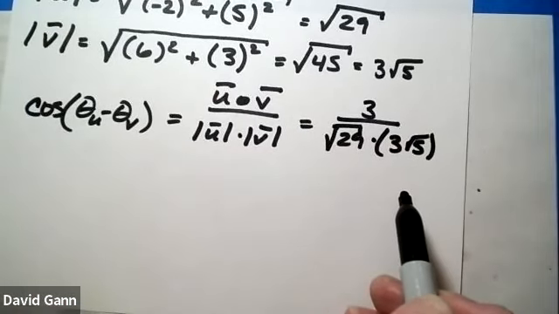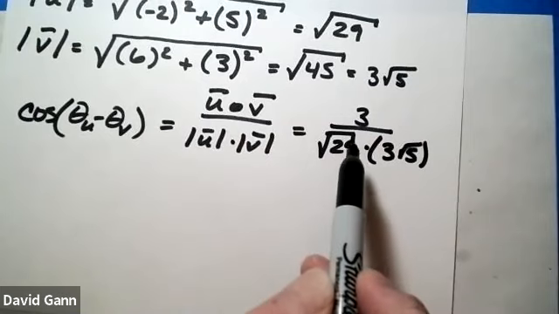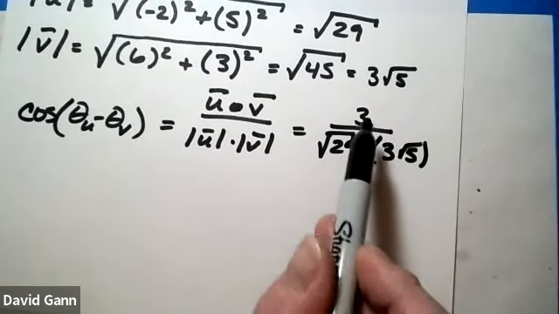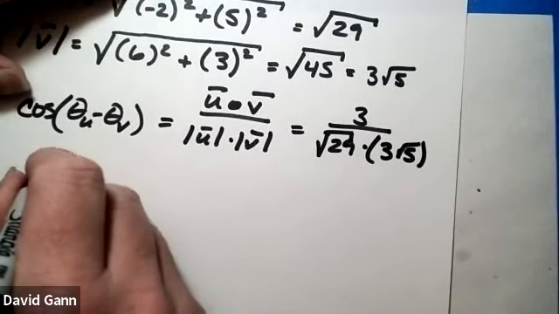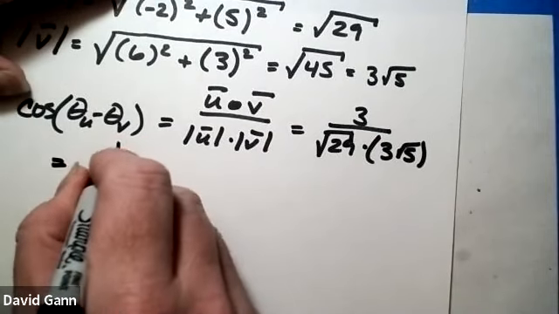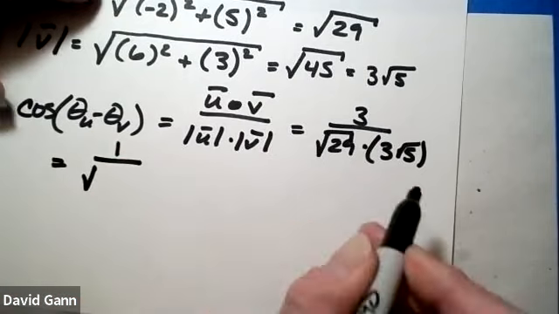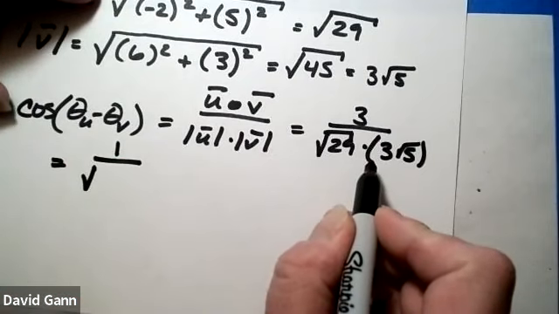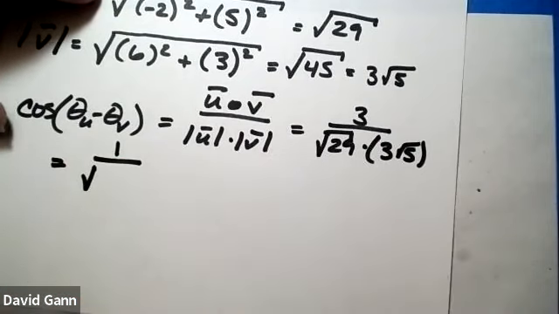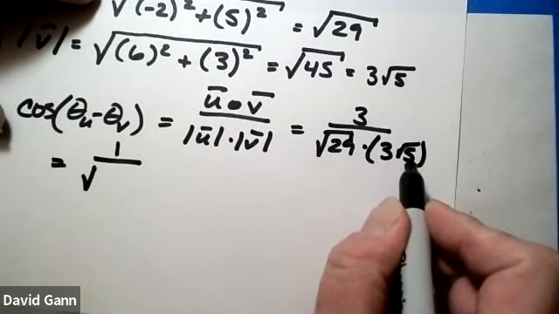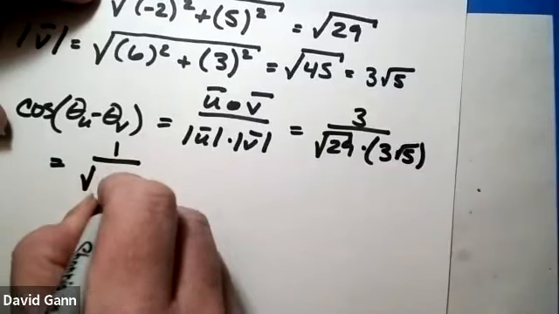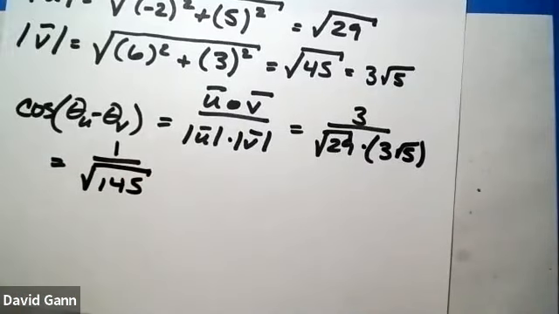And the hope is that this is in the range, and of course it should be because we have a 3 over 3 here. So I'm ending up with simply 1 over the square root of, well, 5 times 29, that's 145, I think, right? Because 30 times 5 would be 150. So back 1 off, square root of 145.